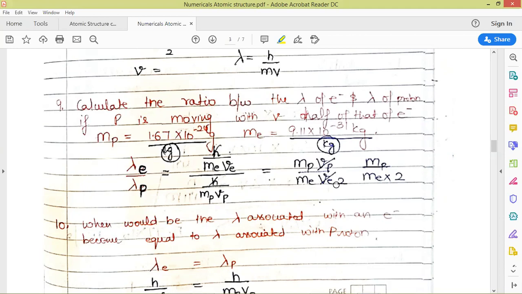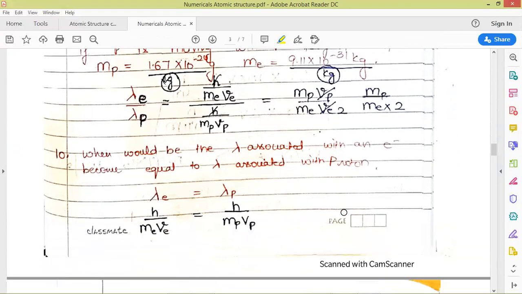So from here, with the ratio of velocities you are given, you will be able to calculate the ratio of wavelengths of electron to that of proton. This is an easy question but a bit tricky.